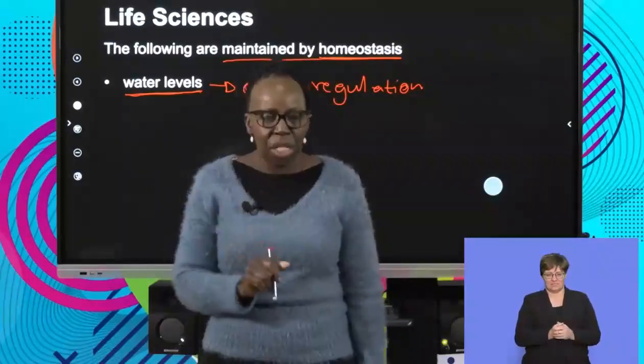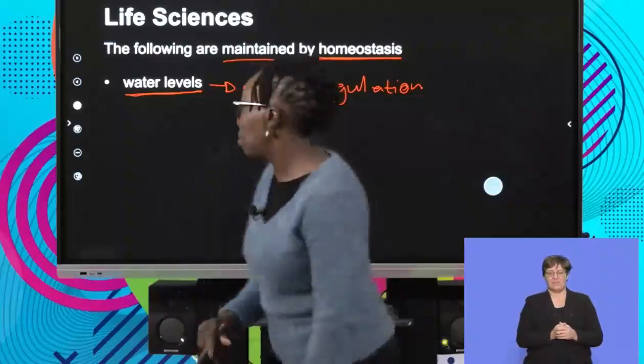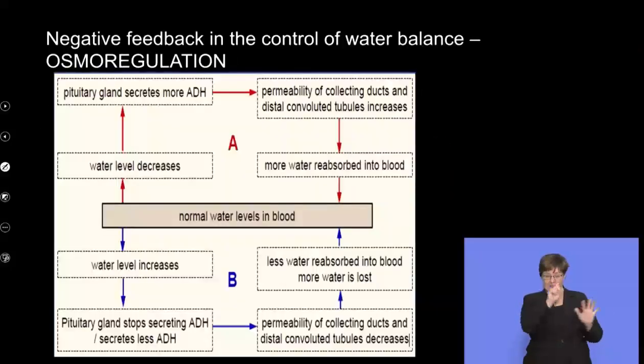See how it works. Remember the 7 steps. This is the negative feedback mechanism of osmoregulation. 7 steps, remember? The pituitary gland here. In this case, we're looking at the feedback mechanism in the control of water balance, osmoregulation. Here, it's where we see normal water level.